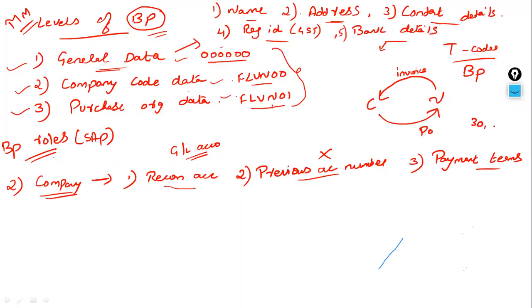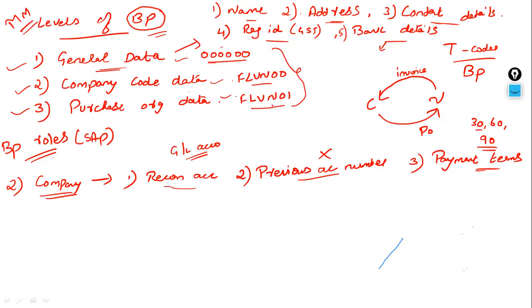It may be mentioned as 30 days, it may be 60 days, it may be 90 days. So, these numbers are defined in the payment terms. If you maintain some data as 30 days, system will intimate you saying that 30 days has been completed, you need to pay this vendor. For that reason, you are going to maintain the payment terms.